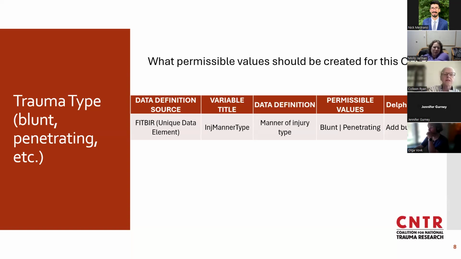It depends on how this is used in a secondary analysis. If you're just teasing out penetrating versus blunt, because clinically they're very different and need different systems of care, versus using this as a rough approximation of severity, someone with multiple injury types versus one injury type, it's hard to say how this should be formatted without knowing how it's being used.